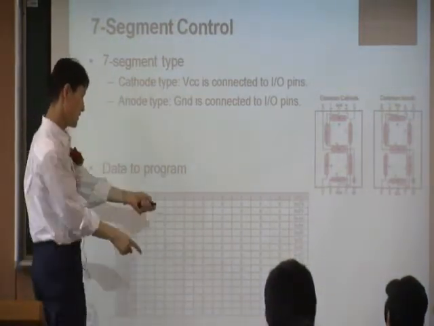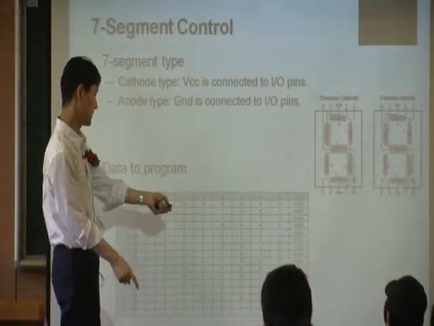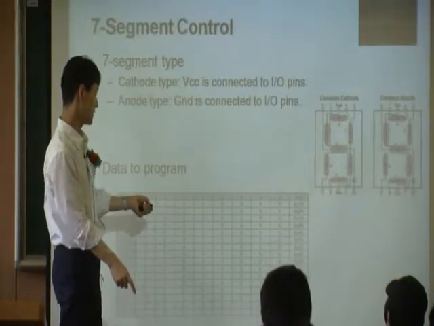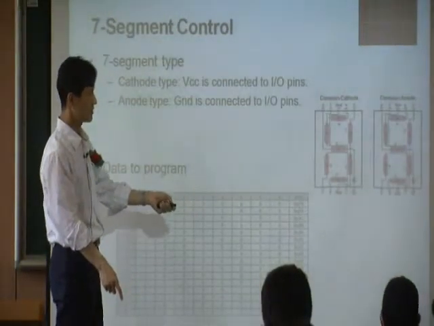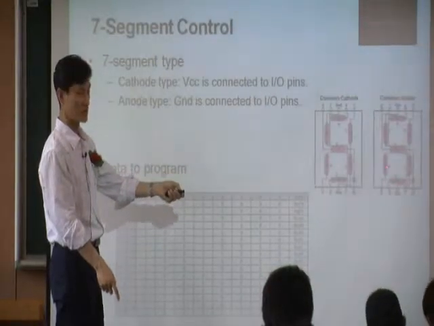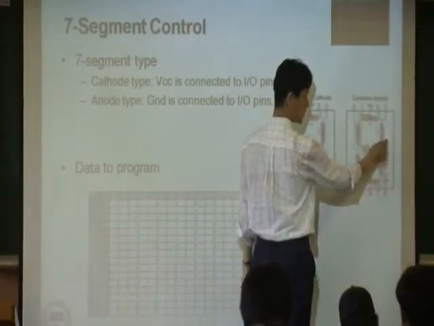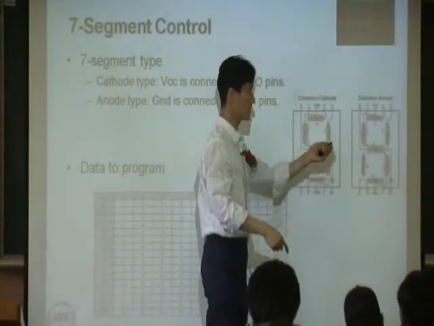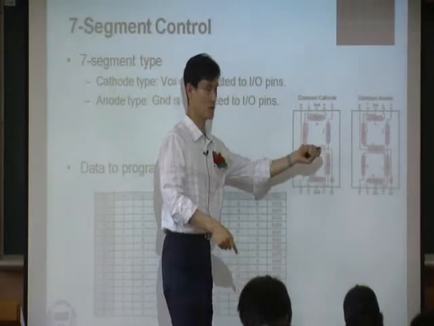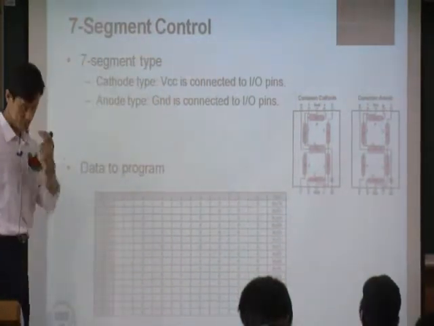You make it all 0. This table basically assumes you use the common anode. In the common anode, you write 0, 0, 0, 0, 0, 0, 0, then it'll show you 0 like this. Okay?